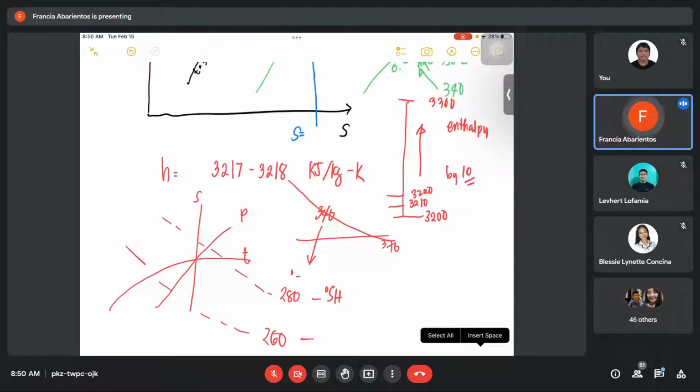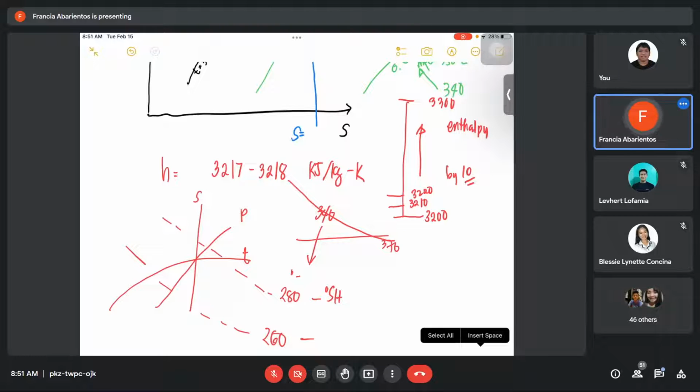So, approximate again our point, class. How, ma'am? You can use the ruler to estimate where that point is. Divide the 280, and go to the point where they intersect. Okay? So count. If you have a ruler right now, that is 20 millimeters, am I right? The distance of 280 to 260.